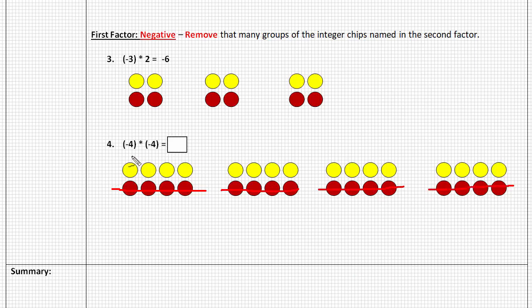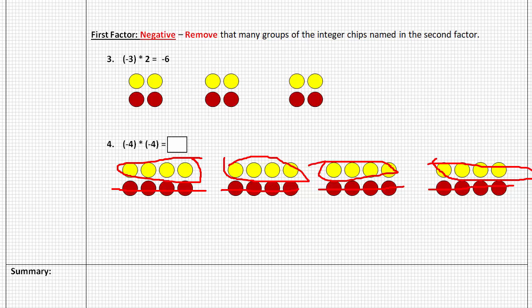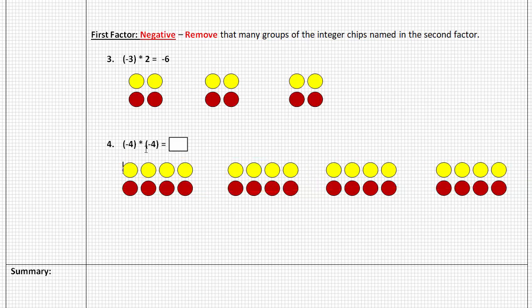And what remains is 4 groups of positives. 4, 8, 12, 16. So negative 4 times negative 4 is a positive 16.